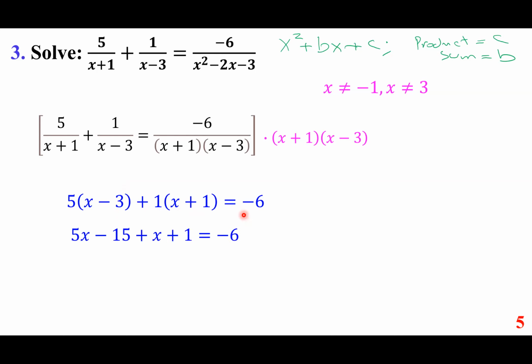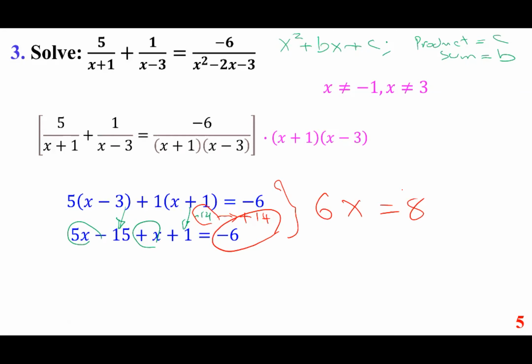Now we can combine these two into 6x minus 15, and 1 is negative 14, moves to the right, becomes positive 14, this is what we get. And we simplify it to 4/3.